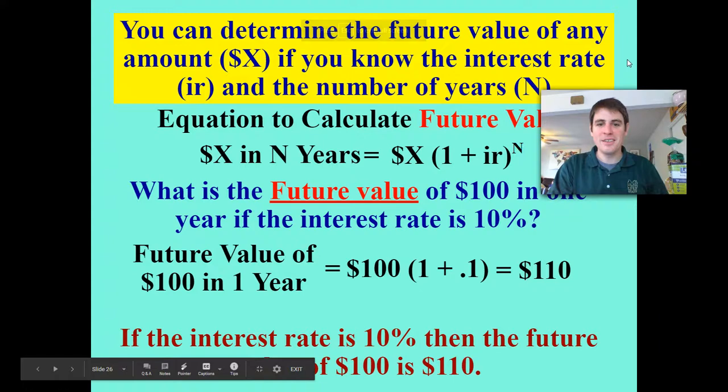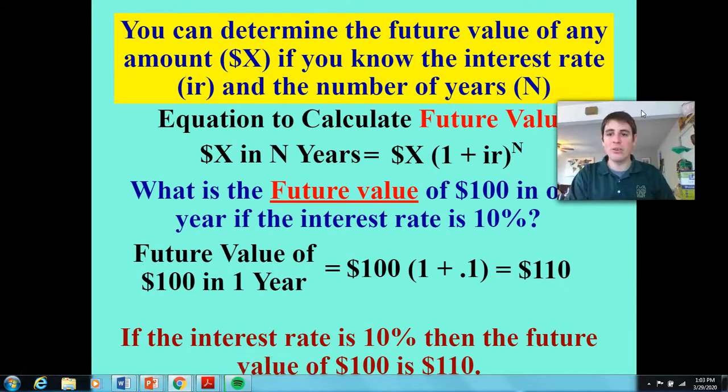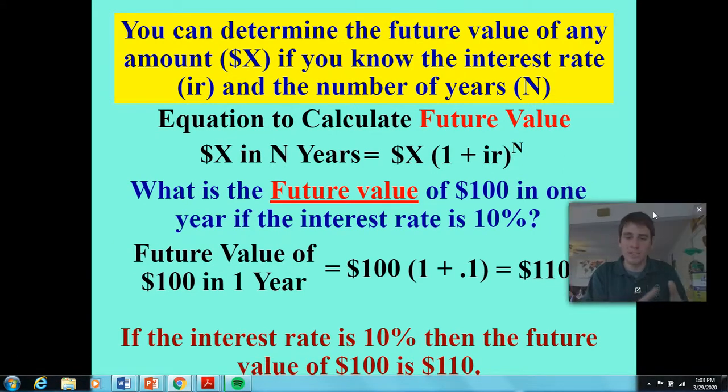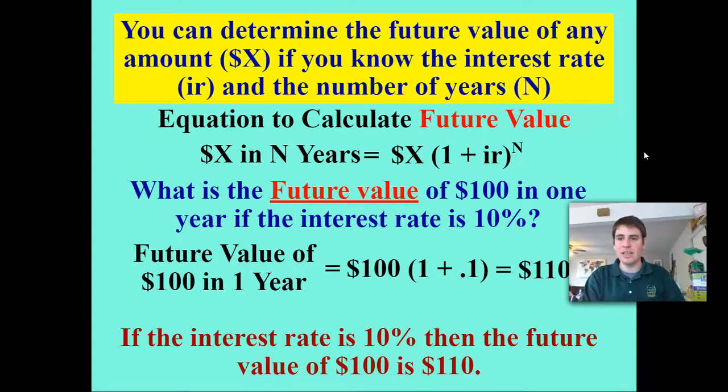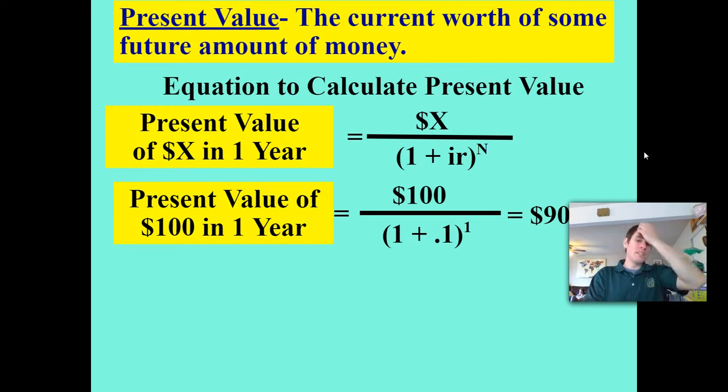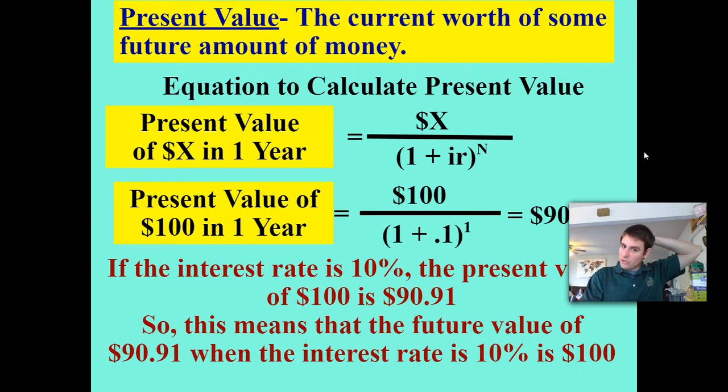What is the future value of money? It's going to be greater than what you currently deposit in the bank. Why? Because it's earning interest. Well, what is the present value of money? Let's say I wanted to buy a $50,000 Tesla 10 years from now, when I turn 40. How much should I put in the bank today?